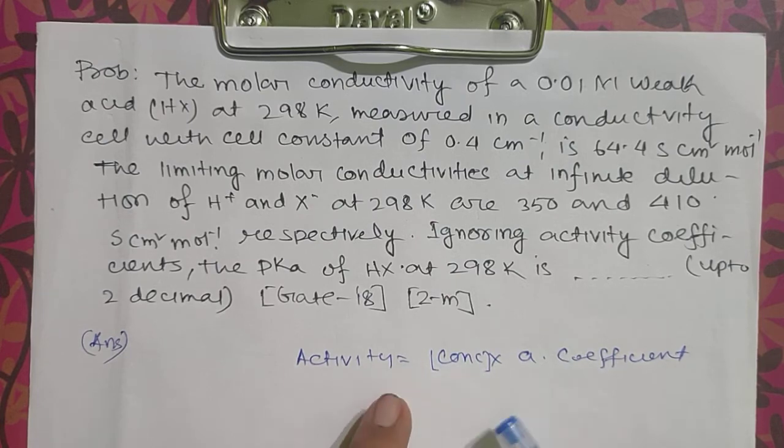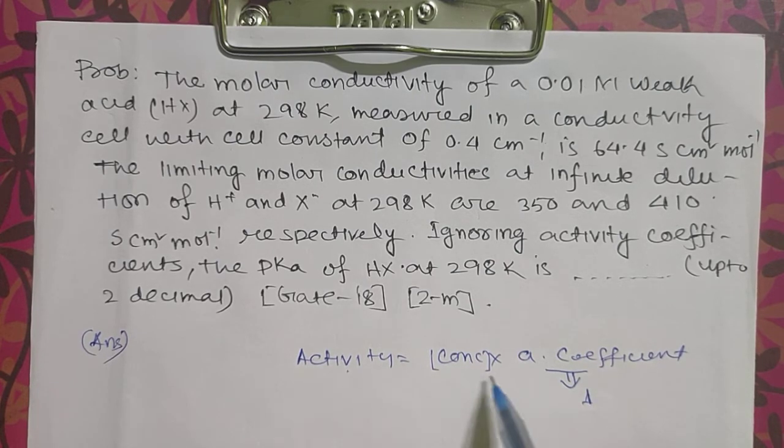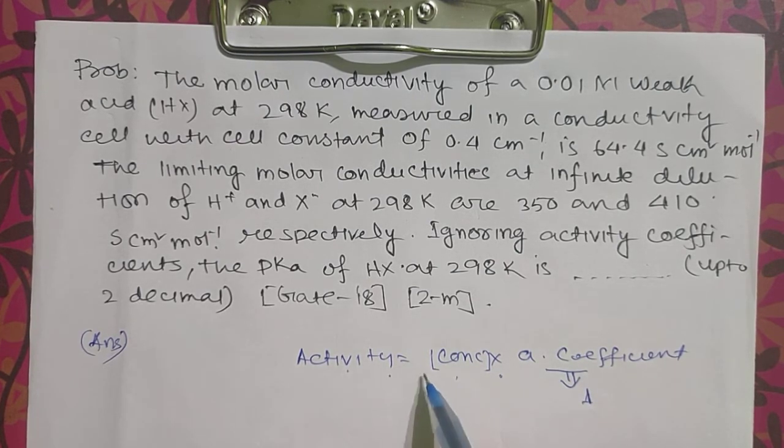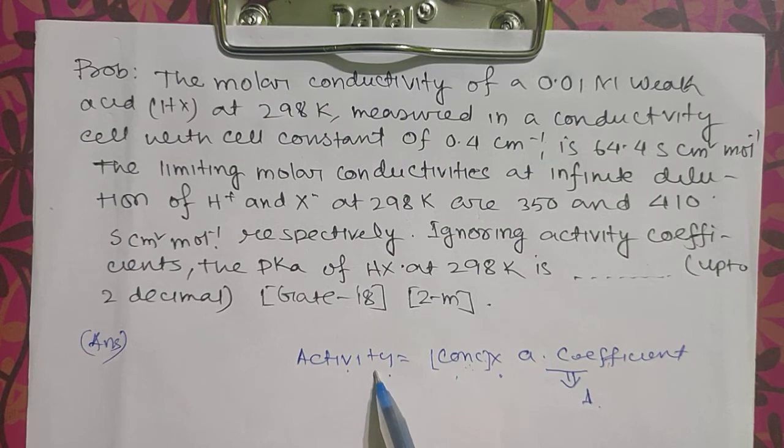This relation holds. Here they told us this is ignored, meaning it is taken as 1. So that's why activity equals concentration. In one way we are just calculating the activity, because the coefficient is 1.